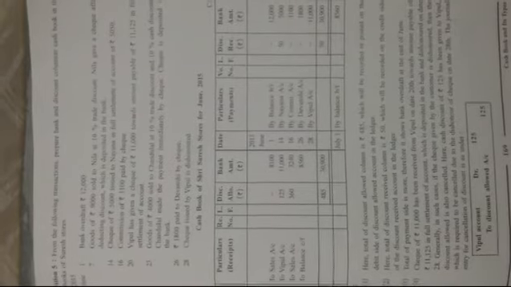So write the year 2015, then month June, write the date, that is 7th June, To sales account 8,100. We got this amount after deducting the 10% trade discount on 9,000. Got it? Okay.